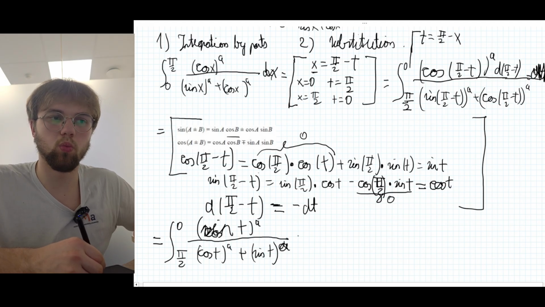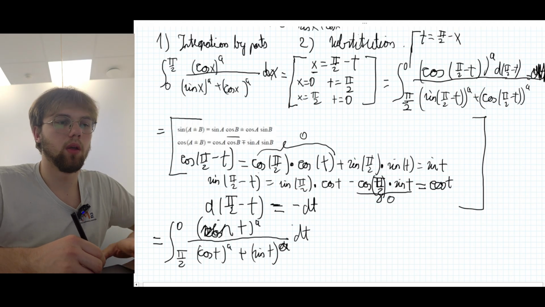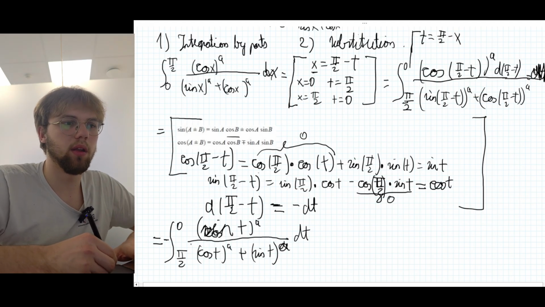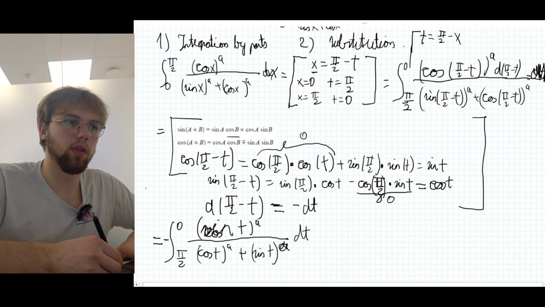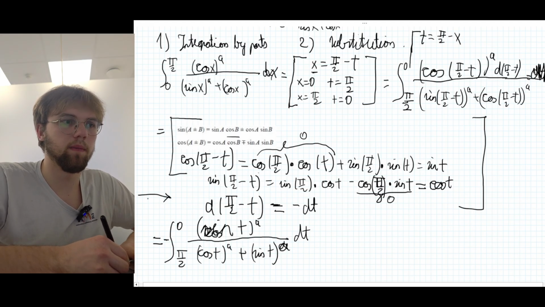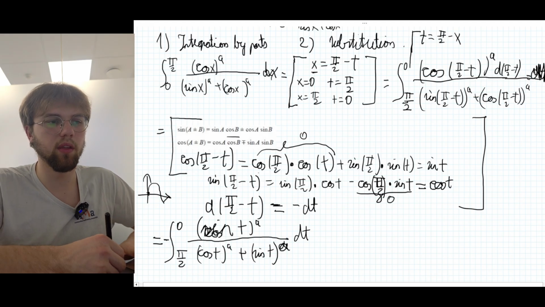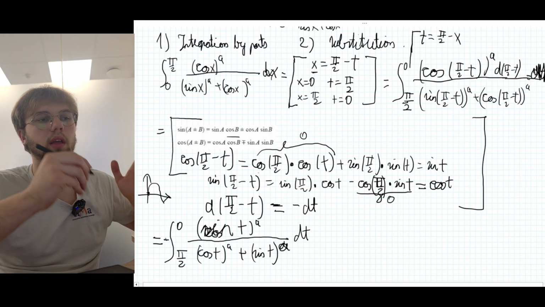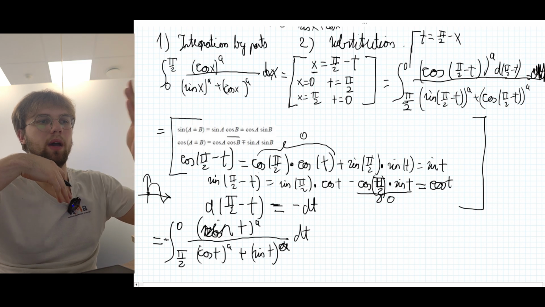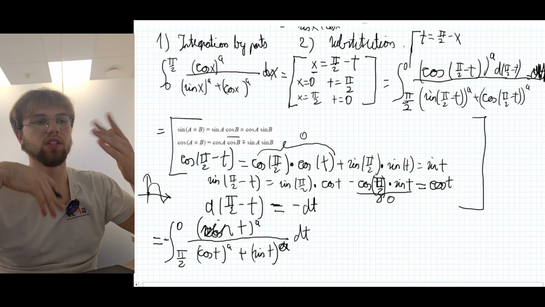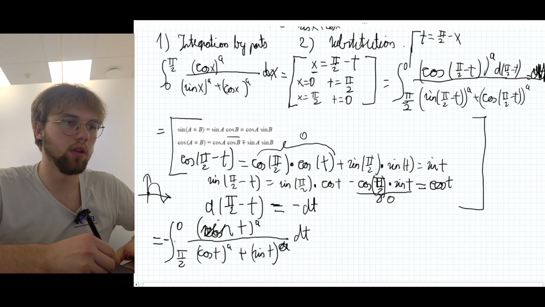So what happened? Well, the thing that happened is basically the integral, right? It's just the area under a certain curve. But if we want to change the boundaries, we just change the sign.